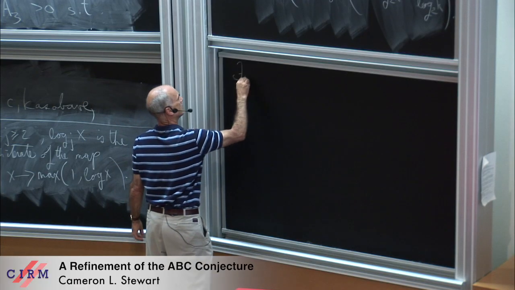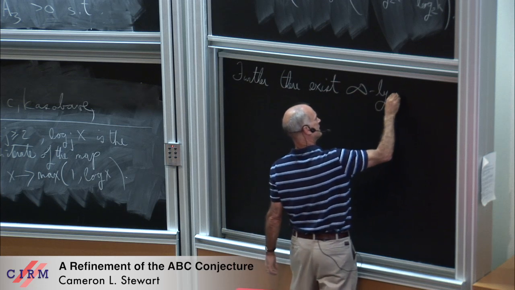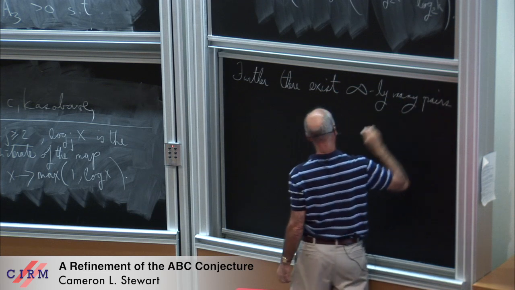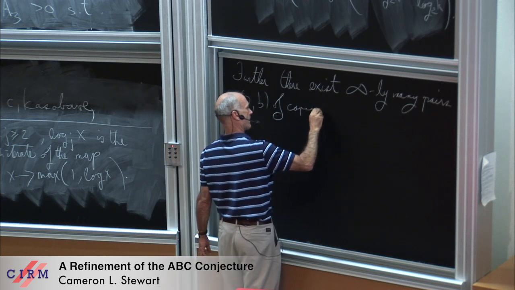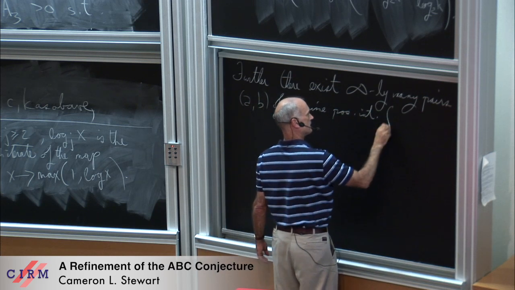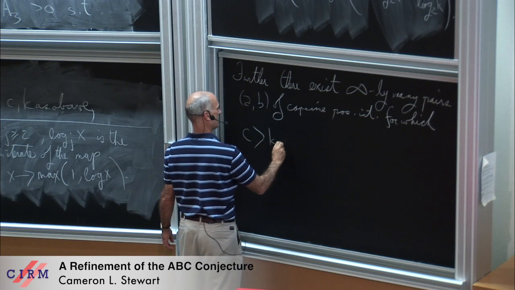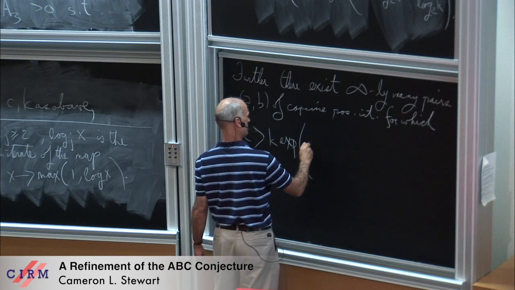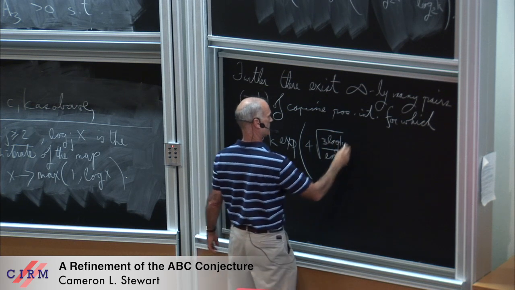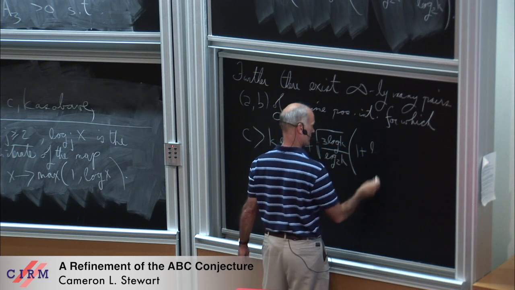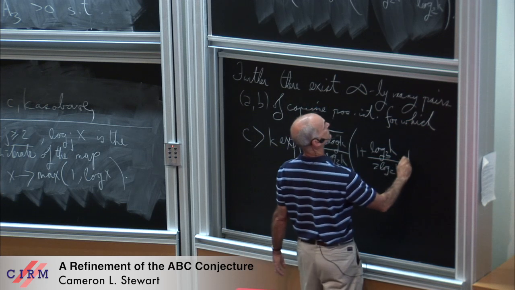And further, there exist infinitely many pairs A, B of coprime positive integers for which C exceeds k exponential, well, the exact same thing for square root 3 log k over log k, and then we have the first two terms, log 3 over twice log 2k, and then a different constant here.